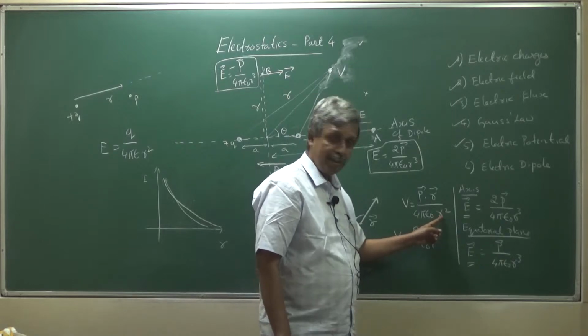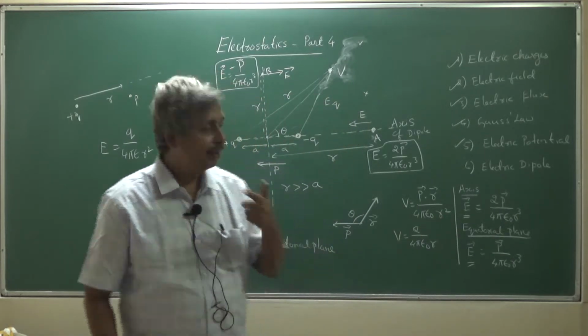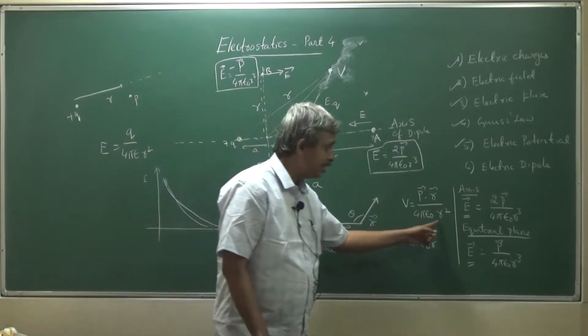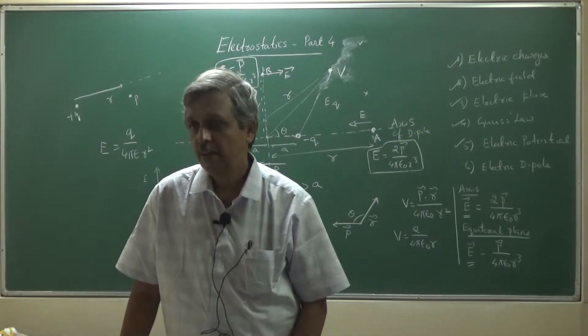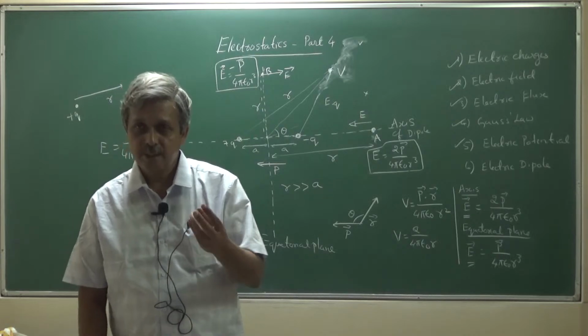So whenever you use a dipole, for both electric field and potential, the power of R in the denominator increases by 1. This is what you have to grasp. If you grasp this, you can solve many questions in the exam.